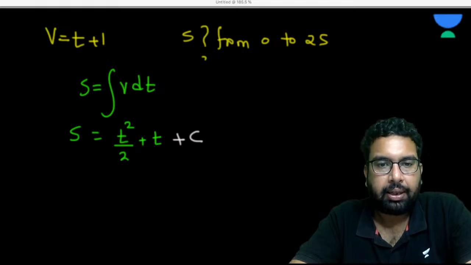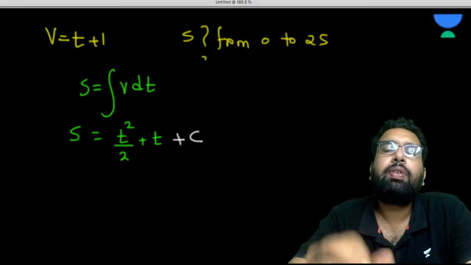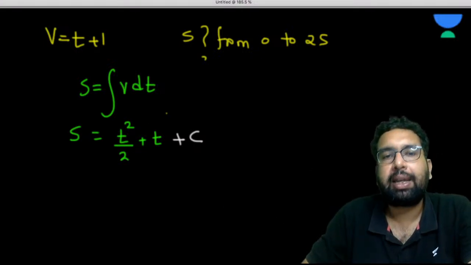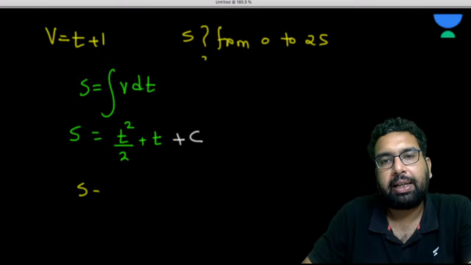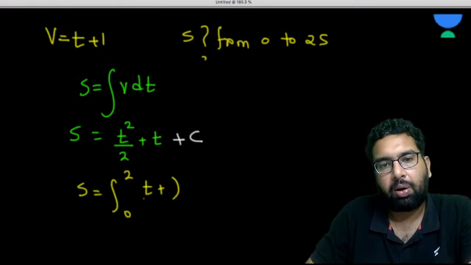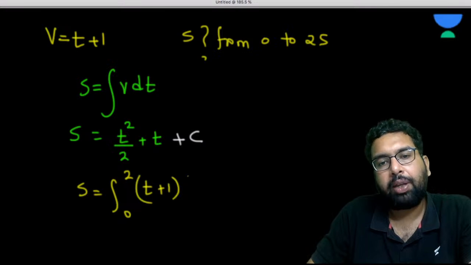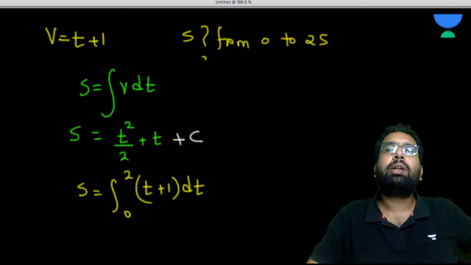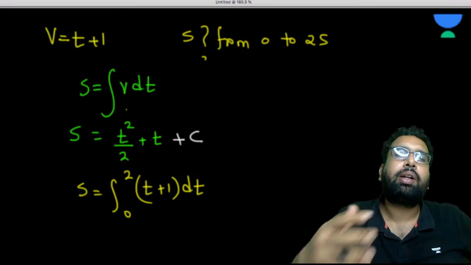So see, we are given 0 to 2 seconds. So in this case, we can integrate it between the limits, t plus 1 dt. Now, when you are putting the limits to an integral, this is what we call the definite integral. This one is an indefinite integral.